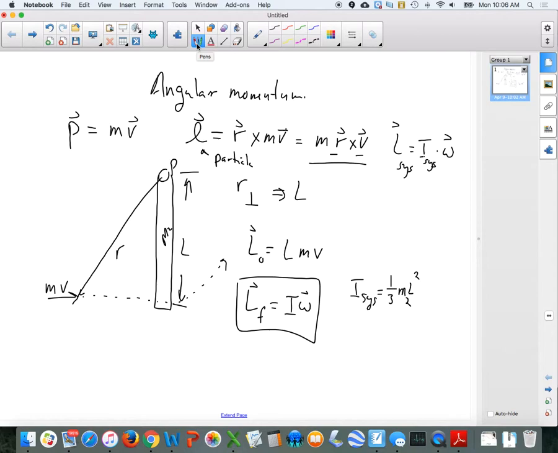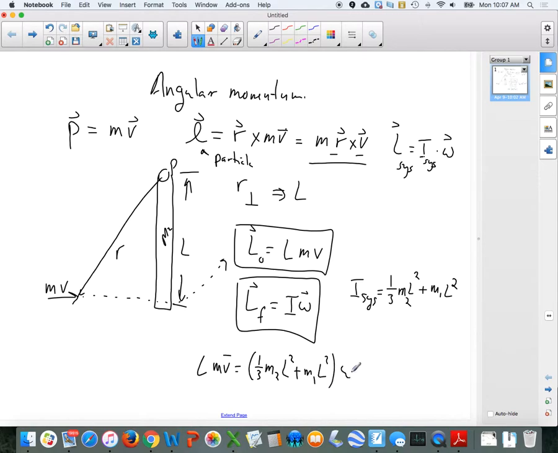So the I of the system would equal 1/3 m2 L squared plus m1 L squared. And now I can set this initial momentum equal to the final momentum and get a result that looks like length of the rod, m v, is equal to 1/3 m2 L squared plus m1 L squared times omega.